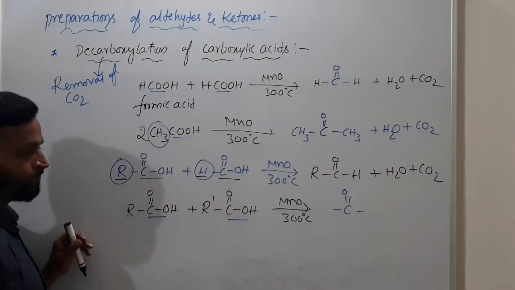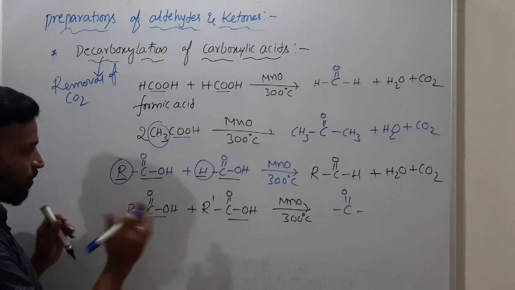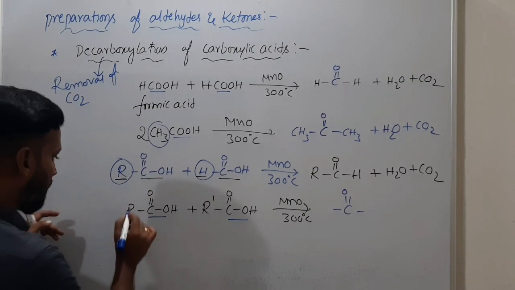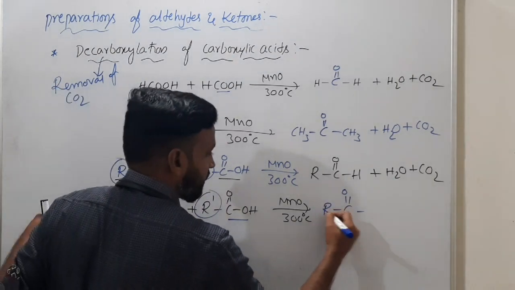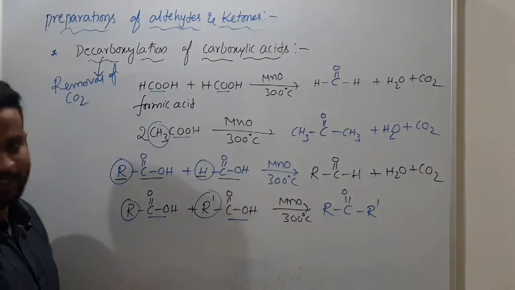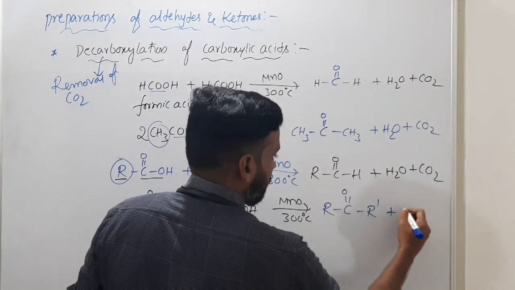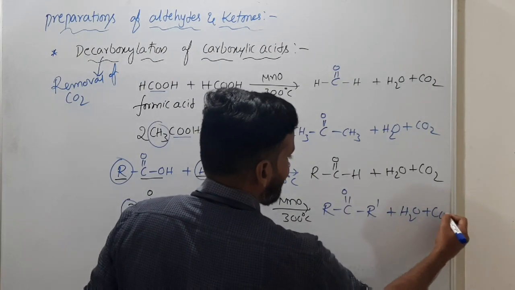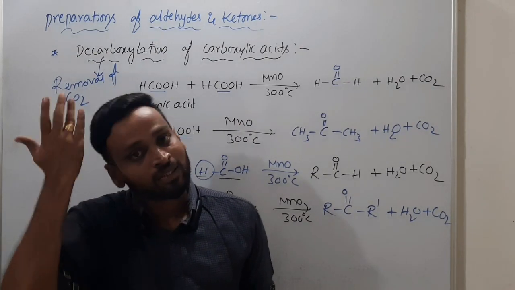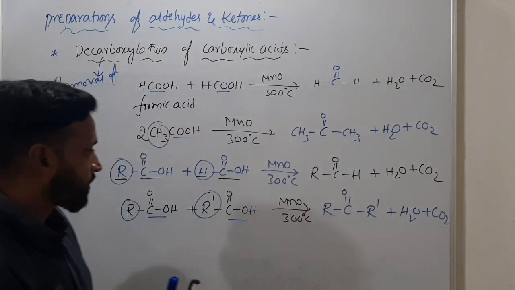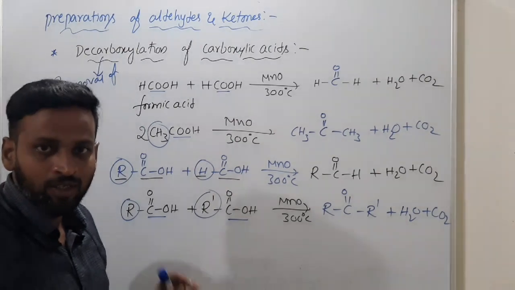For COO and COO, what groups were attached? Here alkyl group R is attached, here R'. You write both, R as well as R'. That's it, that is the product, along with H2O as well as carbon dioxide. So understanding everyone, here you have a ketone. Very simple.